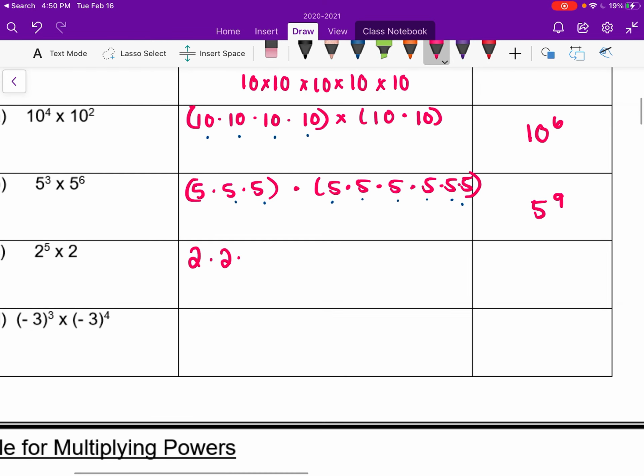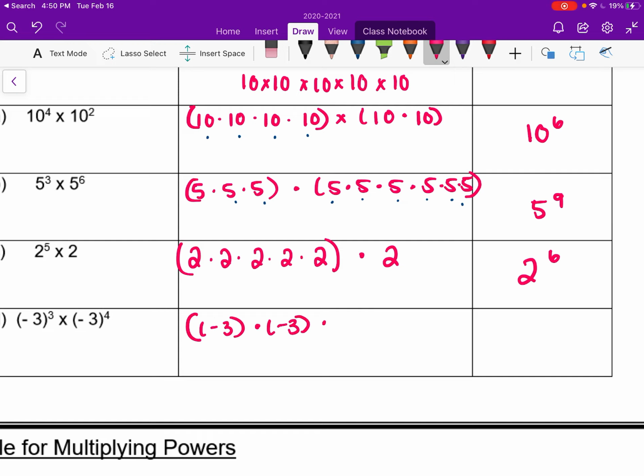2 times 2 times 2 times 2 times 2, which is 2 to the power of 5, multiplied by 2, is going to give me 2 to the power of 6. Right, and then I have negative 3, I'm just going to put this in brackets, times negative 3 times negative 3, which is negative 3 to the power of 3, multiplied by negative 3 times negative 3 times negative 3 times negative 3, so that's 4 times, right?